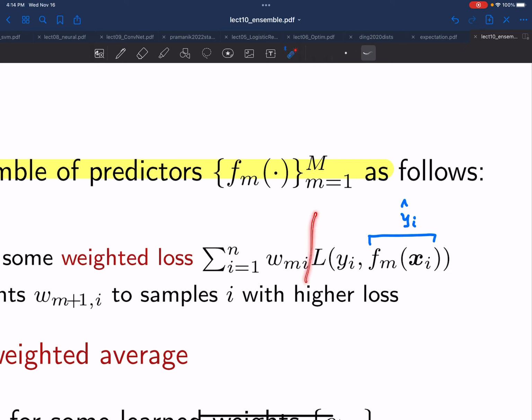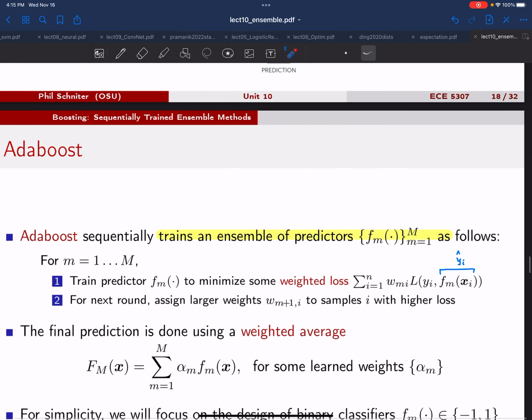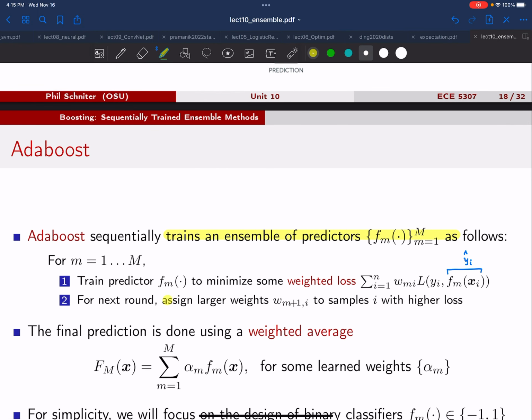So that part on its own should be familiar, and this part is familiar, we of course want to sum over our training samples, but this is what's kind of new, is that we're going to be using a different weight on these losses, and the weight is going to depend on the stage within our sequence, as well as on the sample index i. And the idea here is we want to assign larger weights to samples that have higher loss or that seem to be in error.